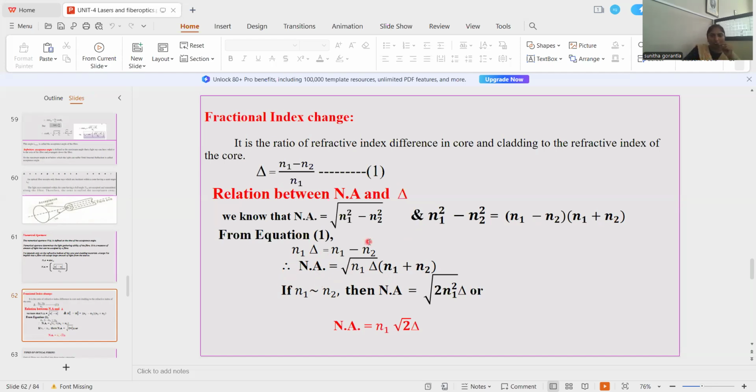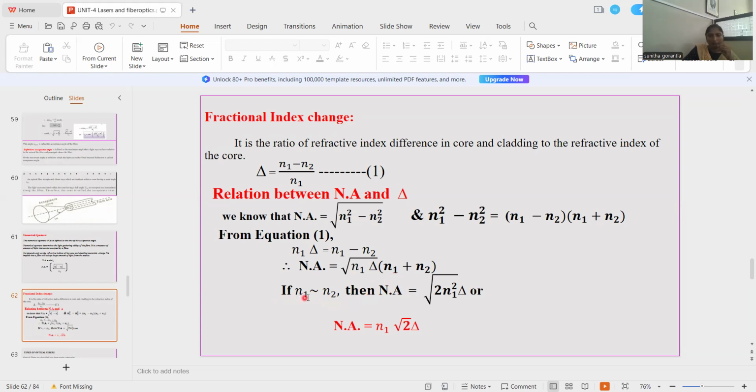Numerical aperture can be written as the square root of (n1 minus n2) into (n1 plus n2). So n1 minus n2 is equal to n1 delta. NA is equal to the square root of n1 delta into (n1 plus n2). If we assume n1 is approximately equal to n2, then this value becomes 2n1.